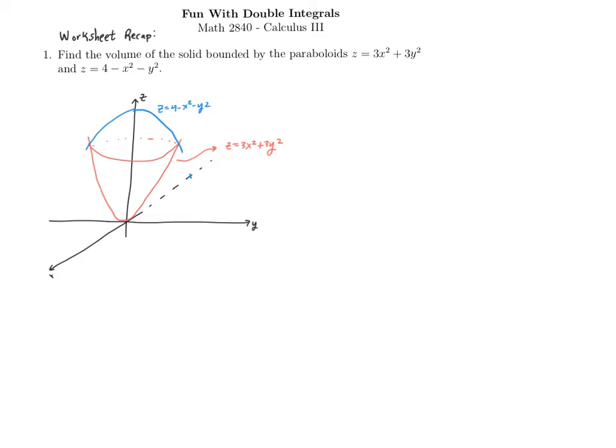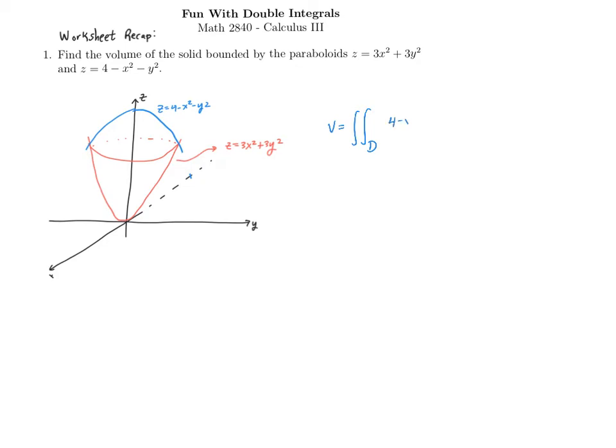Now, in order to set up our double integral representing the volume, we have a perfectly good starting point. We could say the volume is the double integral over D, and D is yet to be determined. And what we integrate is the upper surface minus the lower surface.